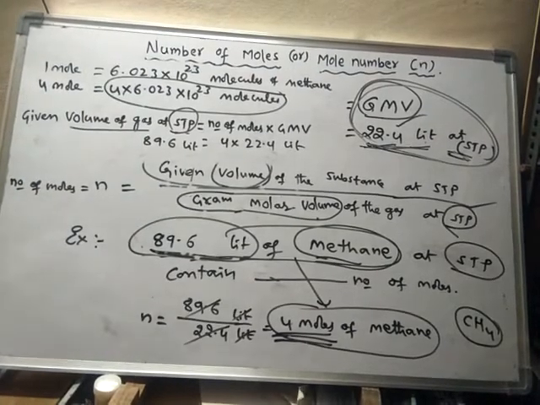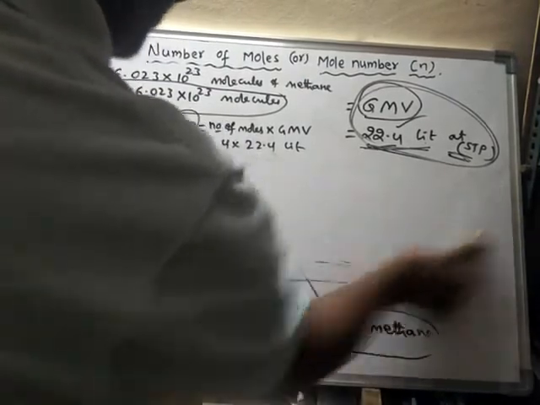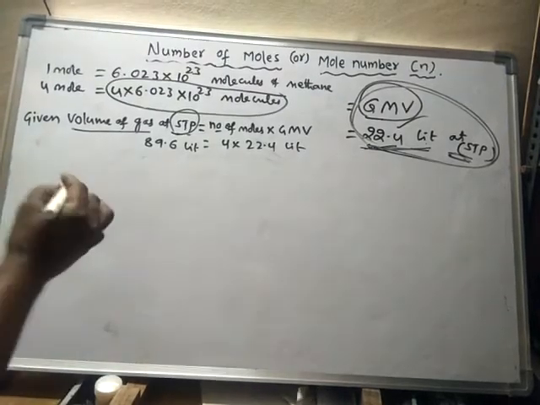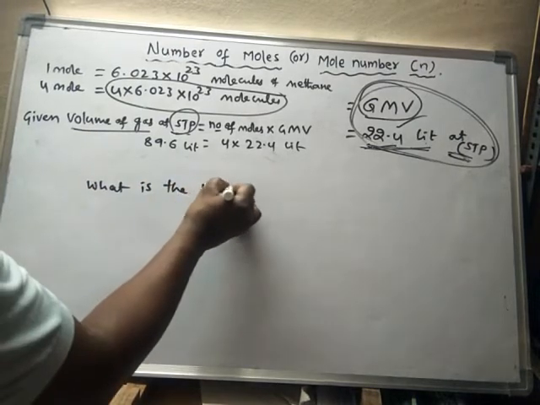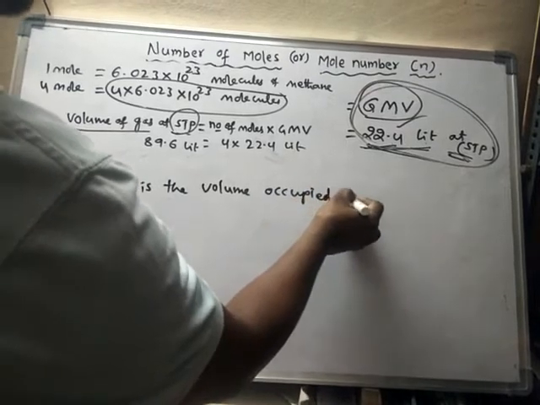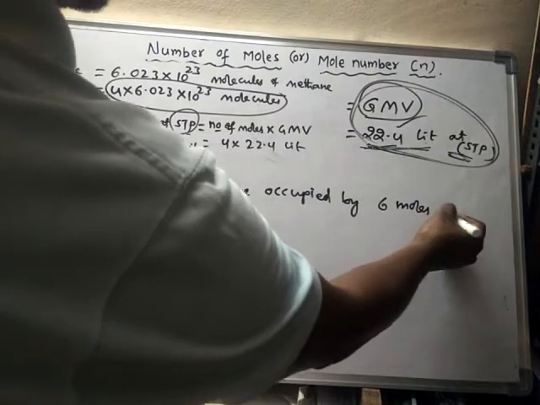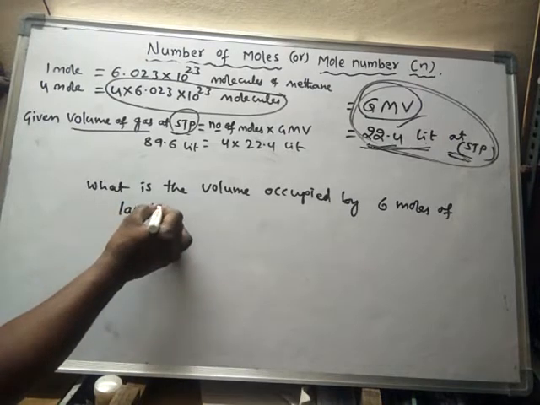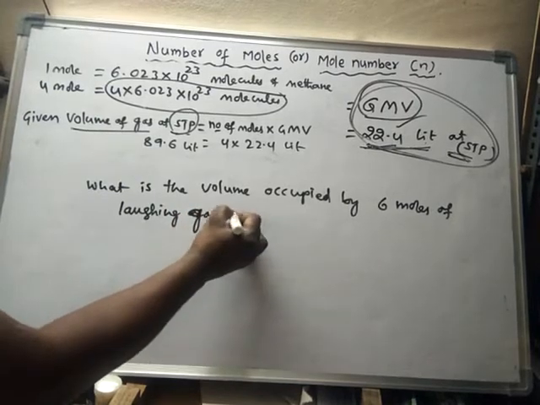For example, what is the volume occupied by 6 moles of laughing gas at STP?